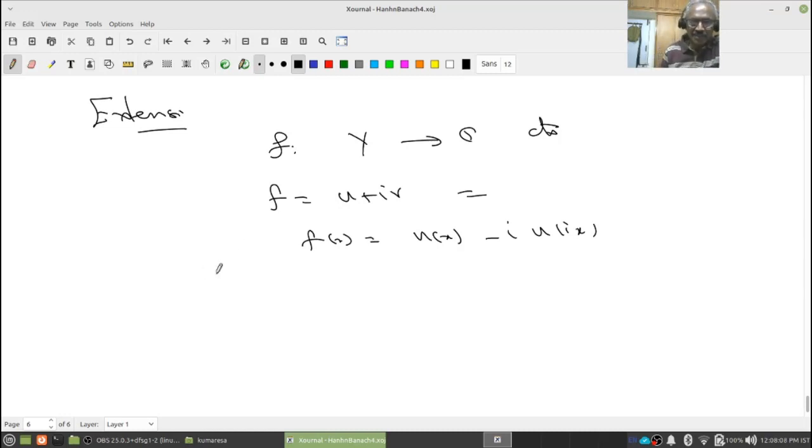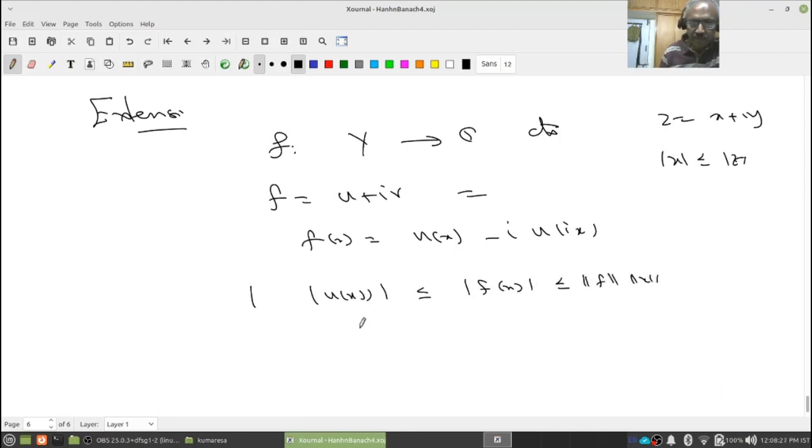First, notice that since f is continuous, u is also continuous. What is mod u of x? Remember, if z is x plus iy, a complex number, mod x is less than or equal to mod z. Therefore, mod u of x will be less than or equal to mod f of x, which is less than or equal to norm f times norm x. Therefore, u is also continuous and it's R linear.